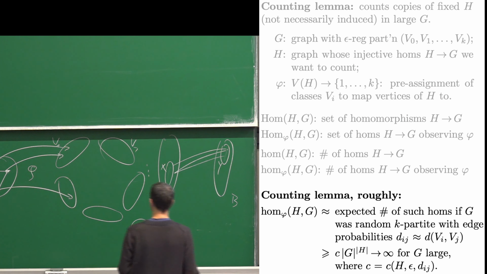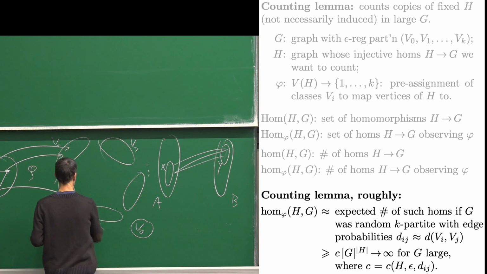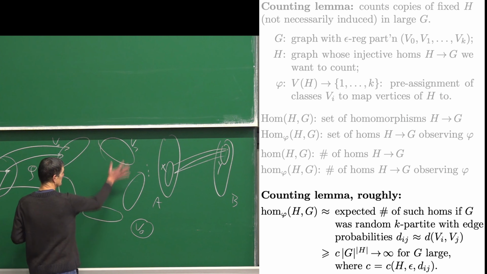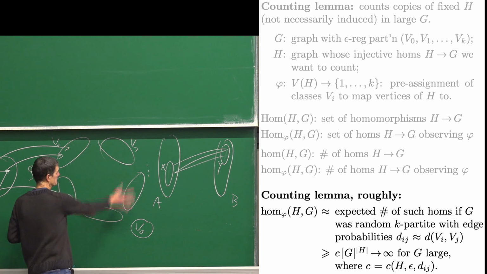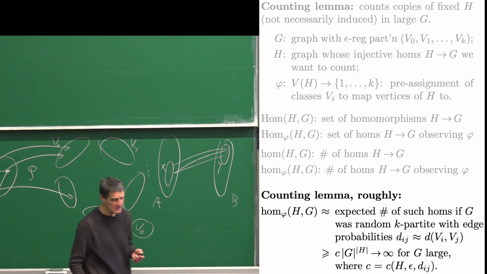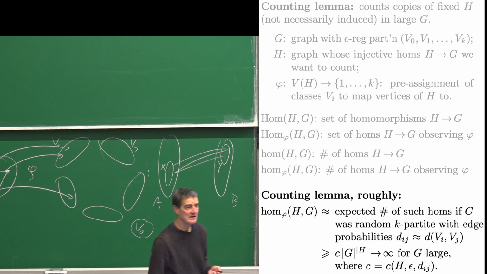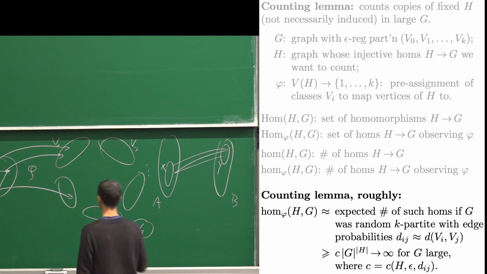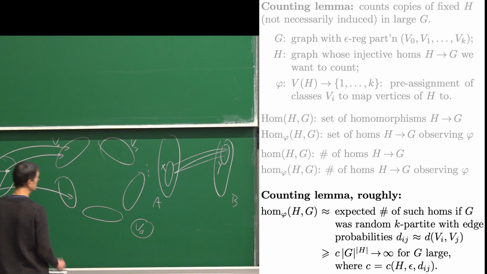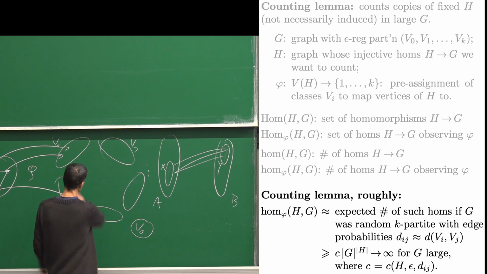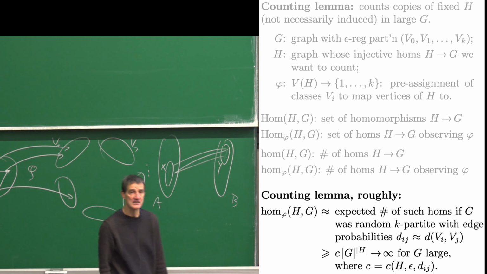Right, so G comes with this epsilon regular partition. We're assuming that all these pairs of classes are epsilon regular. Maybe G has many more partition classes. We're just looking at some of them, which we target by our little phi. So there may be more. But those that we're looking at, we're assuming that all pairs are epsilon regular.